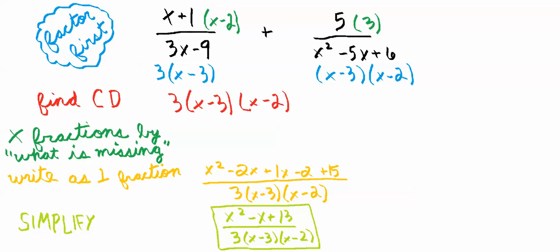And for our last step, we simply simplify, and we get x squared minus x plus 13 over 3 times x minus 3 times x minus 2.